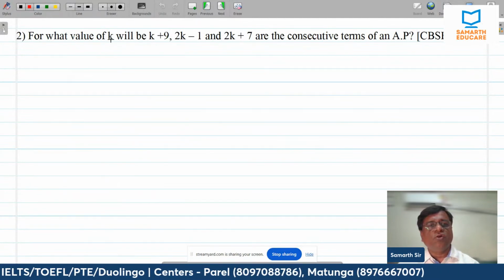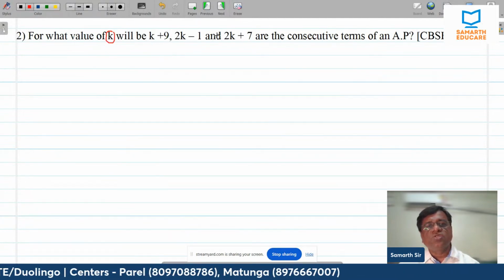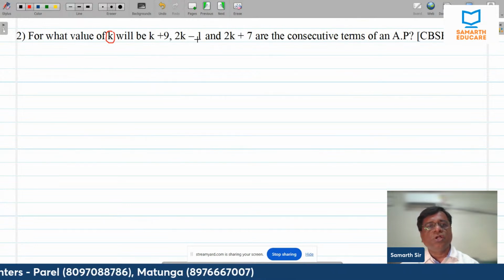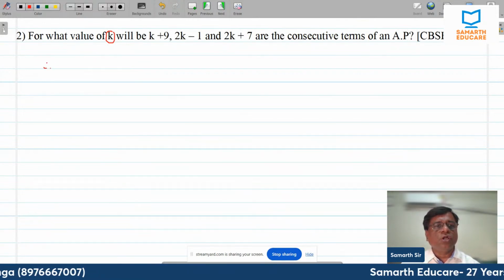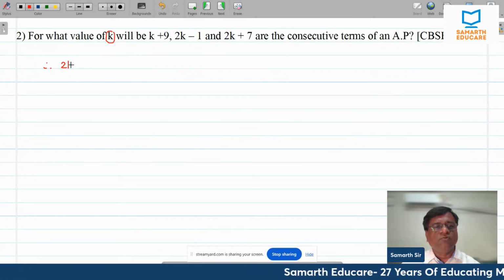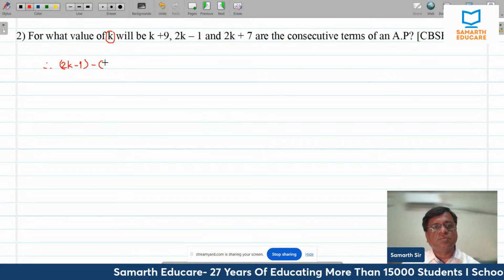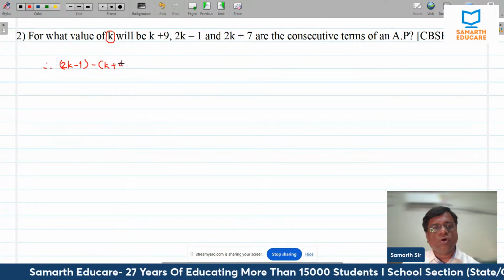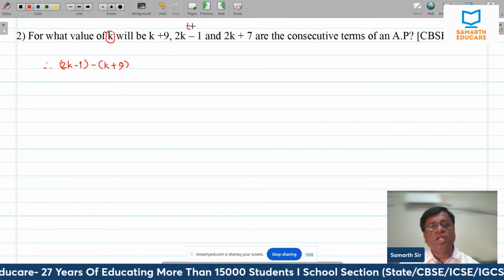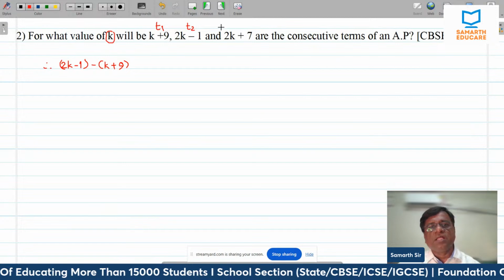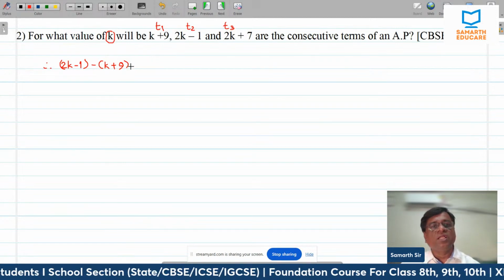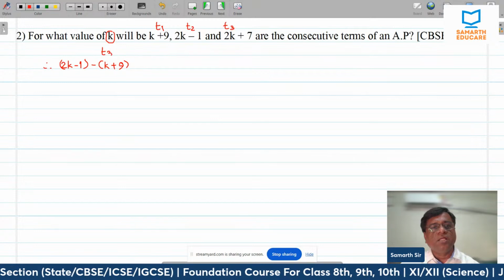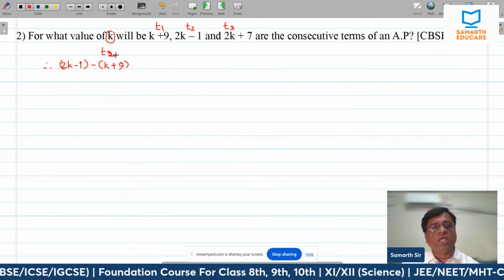For what value of k will these 3 terms be consecutive terms of an AP? If they are consecutive terms of an AP, that means the difference between the term and the preceding term, that is the previous term, is always a constant. That means if this is T2, this is T1, this is T3, then T3 minus T2 is equal to T2 minus T1.